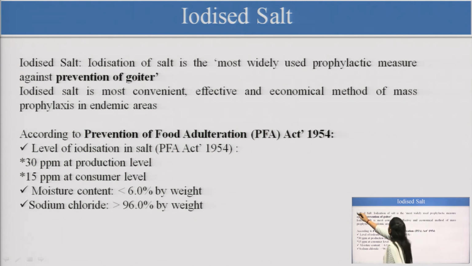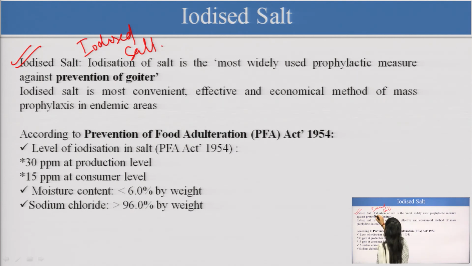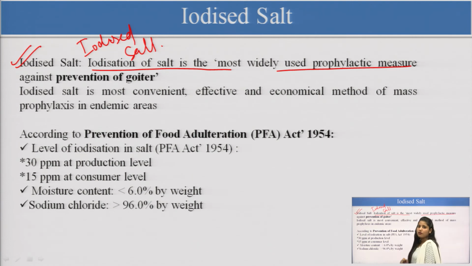To avoid the deficiency, we have prepared iodized salt. This is also one of the programs. Iodization of salt is the most widely used prophylactic measure for the mass population. It is used for the prevention of goitre.